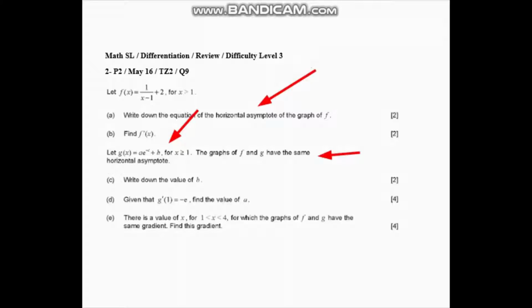We are required to write down the value of b. So the way to approach this is to try to find the horizontal asymptote of g and to set your equation to equal 2, because 2 is the horizontal asymptote of f. So let's try to do that.